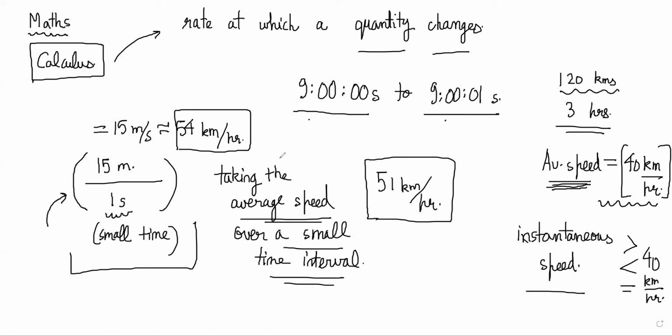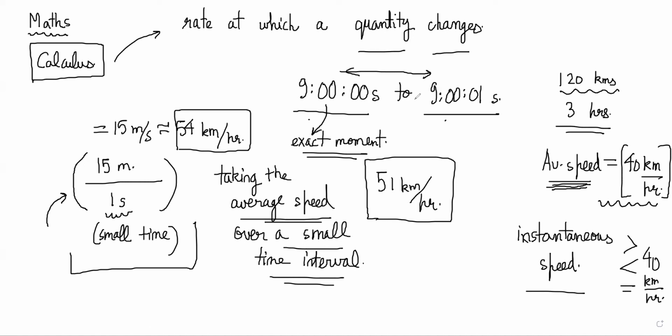Between this time and this time, this is the average speed, right? Yes, sir. But do you think this is the same thing as the actual speed at this exact moment? Sir, it's close, but it's not the same. Right. So it is close, but it might not be the same, no? Because here also you're taking an average, no?